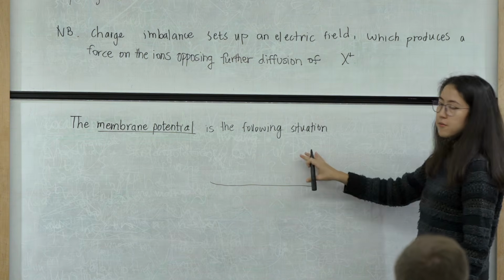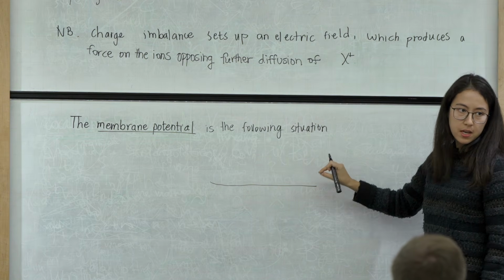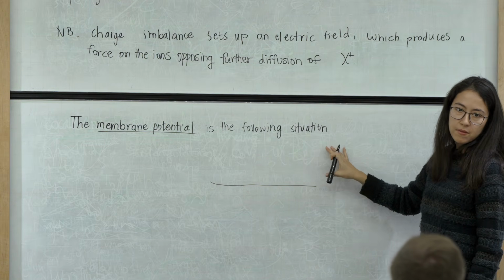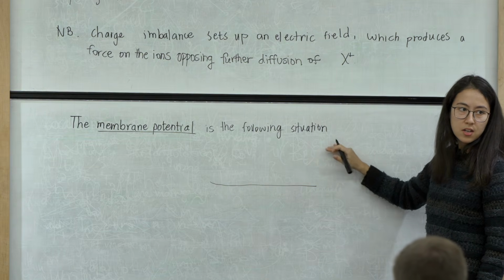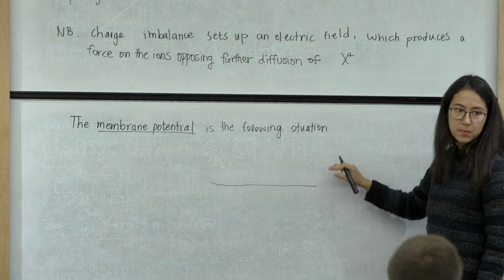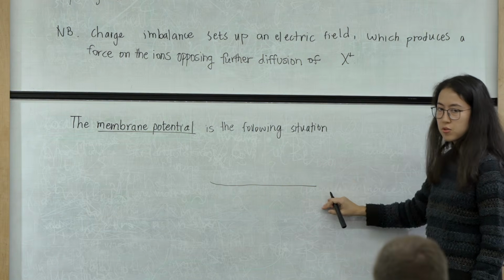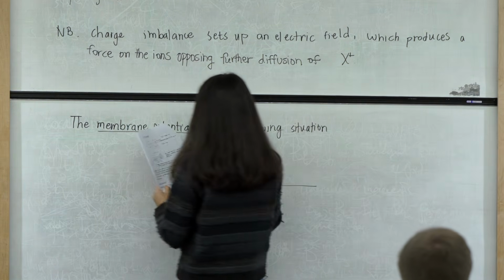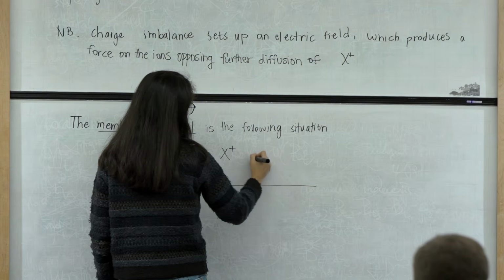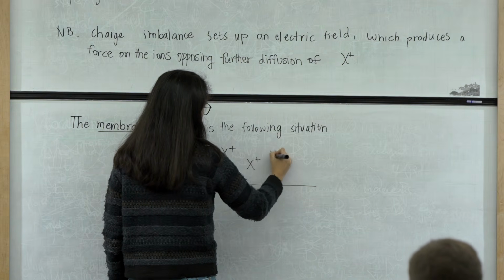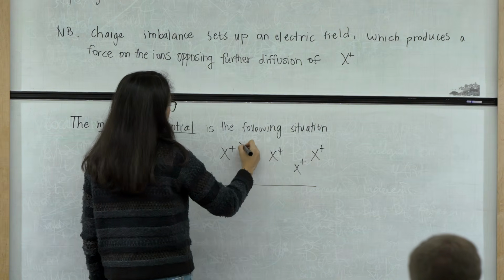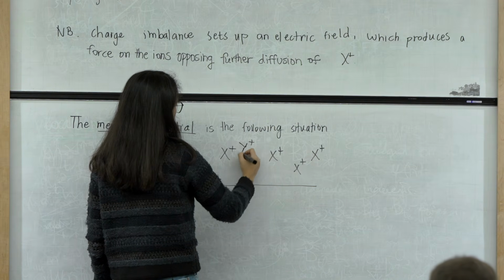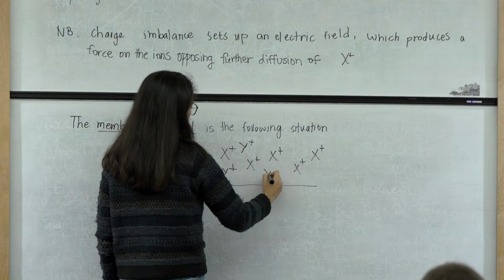And I'm going to have X plus ions now and Y minus ions, okay? And I'm going to have the same amount of X plus and Y minus at the exterior and the interior, but a different number across the two sides. So I'm going to make here 5 X plus ions. And I'm going to also have 5 Y plus.